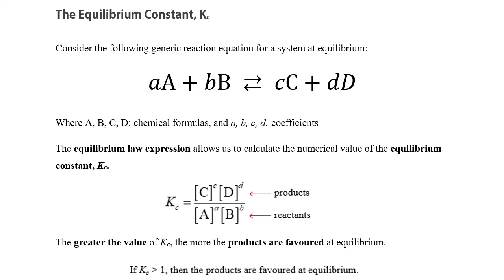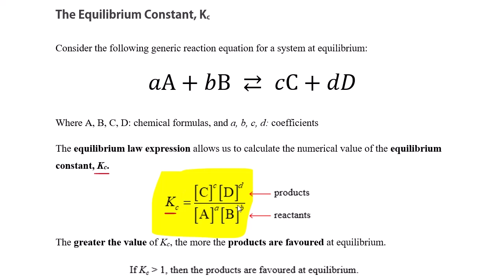And it's going to allow us to do calculations. To figure out the equilibrium constant, we need to create first what we call an equilibrium law expression. And the equilibrium constant is calculated by the equilibrium law expression. So the equilibrium constant here is the Kc. And this whole thing is the equilibrium law expression.